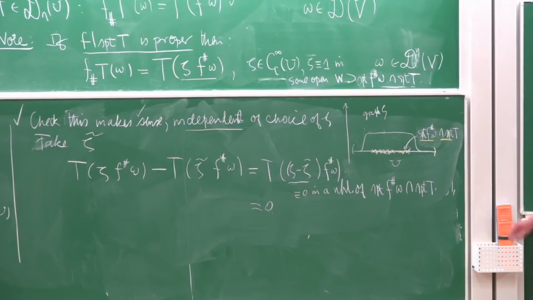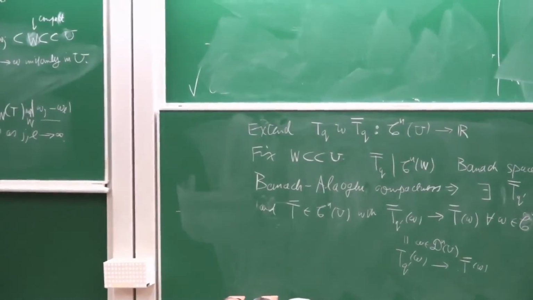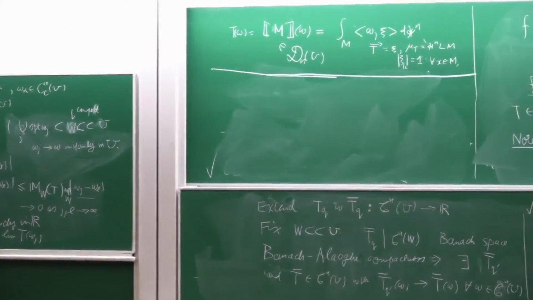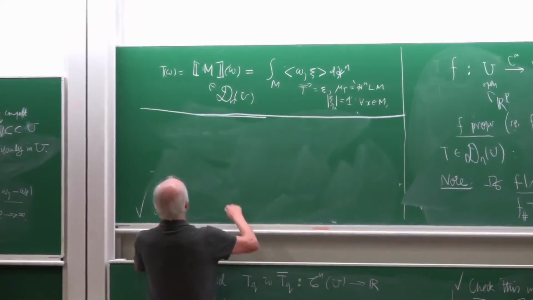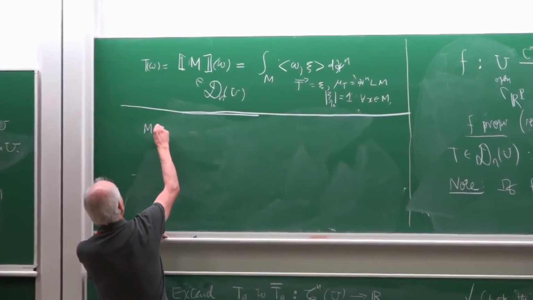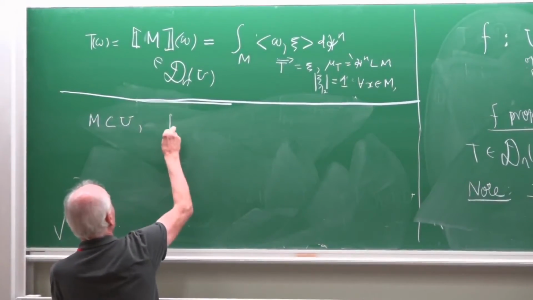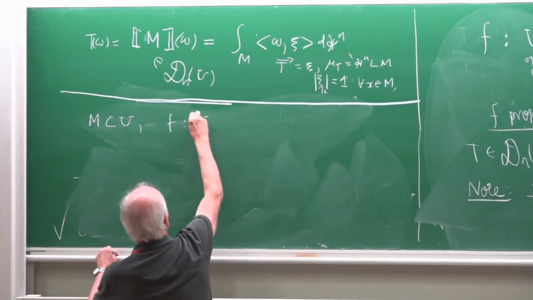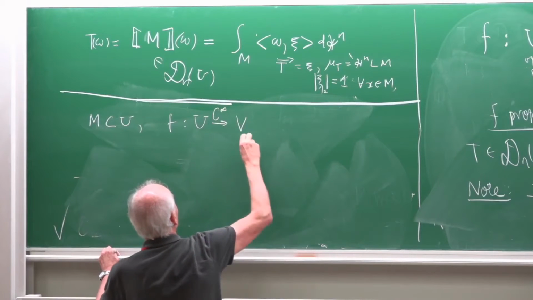Now let's check that it works out as we expect if we go to our prototypical example here, this one. So here we'll suppose that M is contained in U, with the same hypotheses, F from U into V, C infinity.